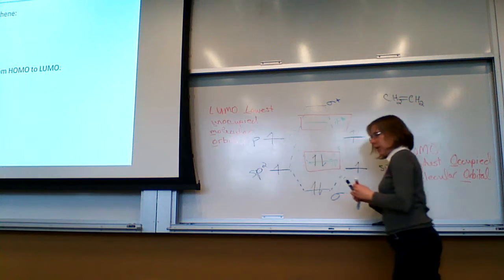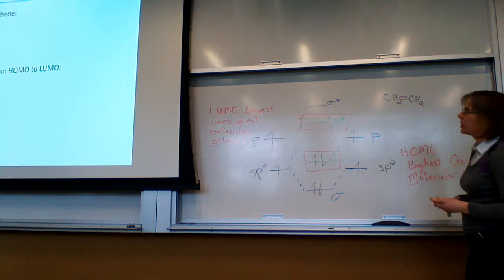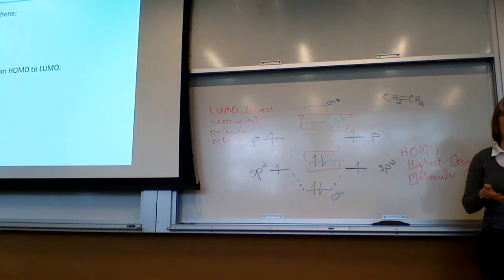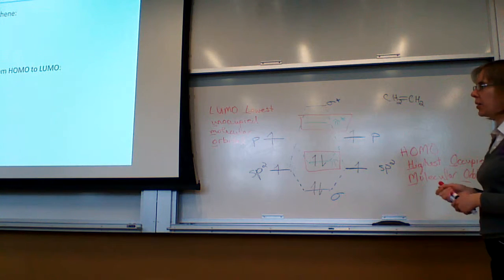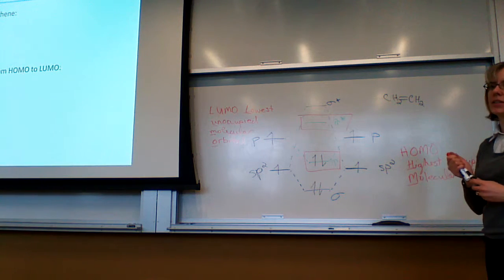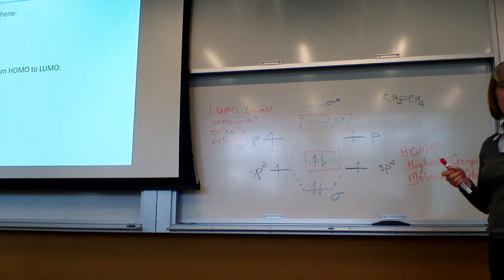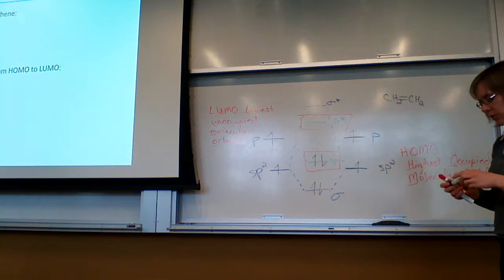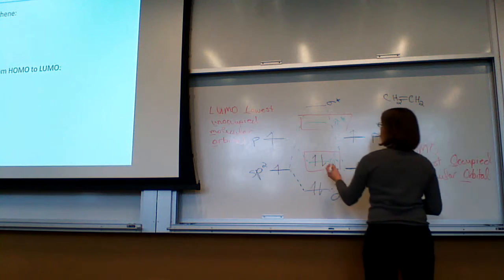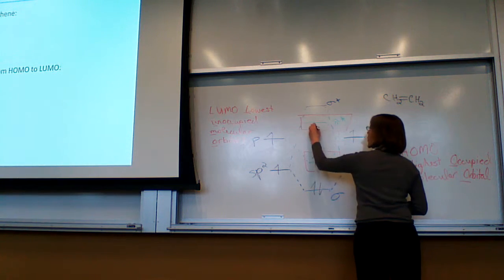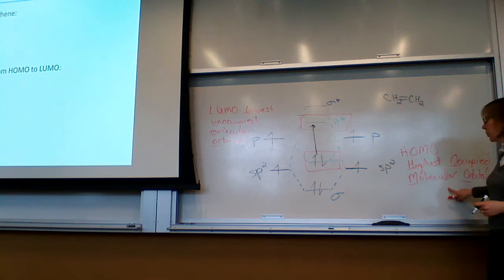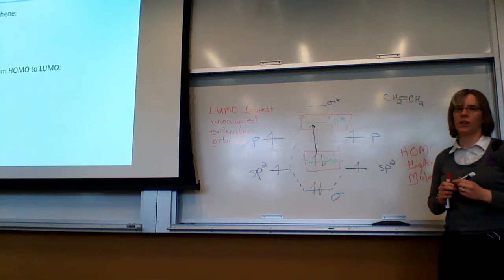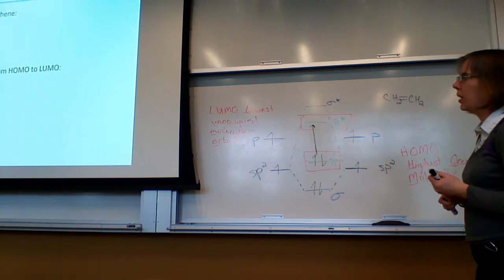So we have the lowest molecular orbital that does not have electrons in it. And typically for UV-Vis, your most standard excitation that we're going to see is the excitation of an electron from the HOMO, highest occupied molecular orbital, to the LUMO, lowest unoccupied molecular orbital.